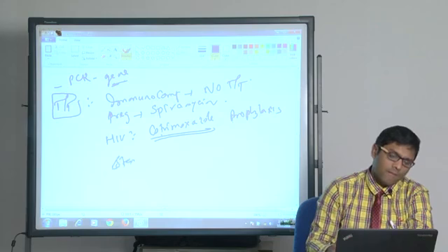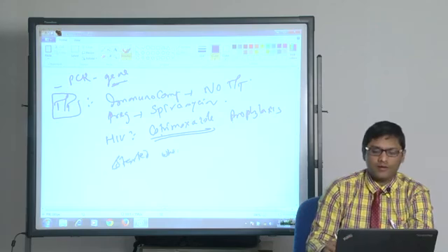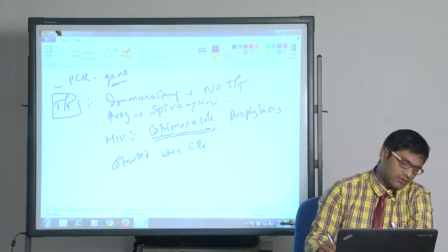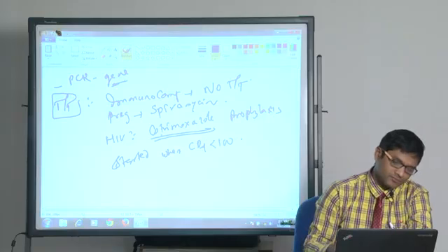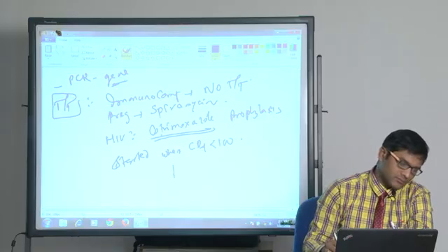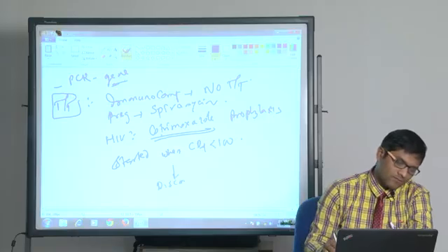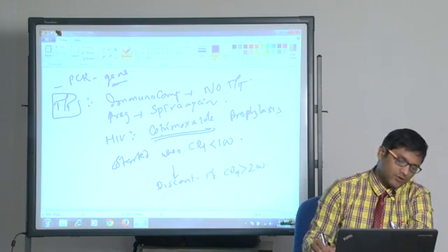It is started when the CD4 count falls below 100, and discontinued if the CD4 count rises more than 200.